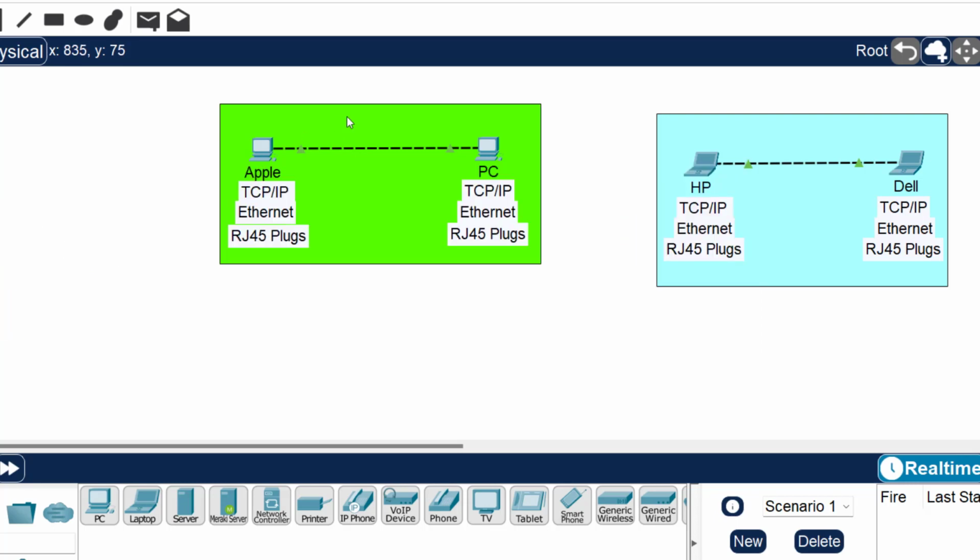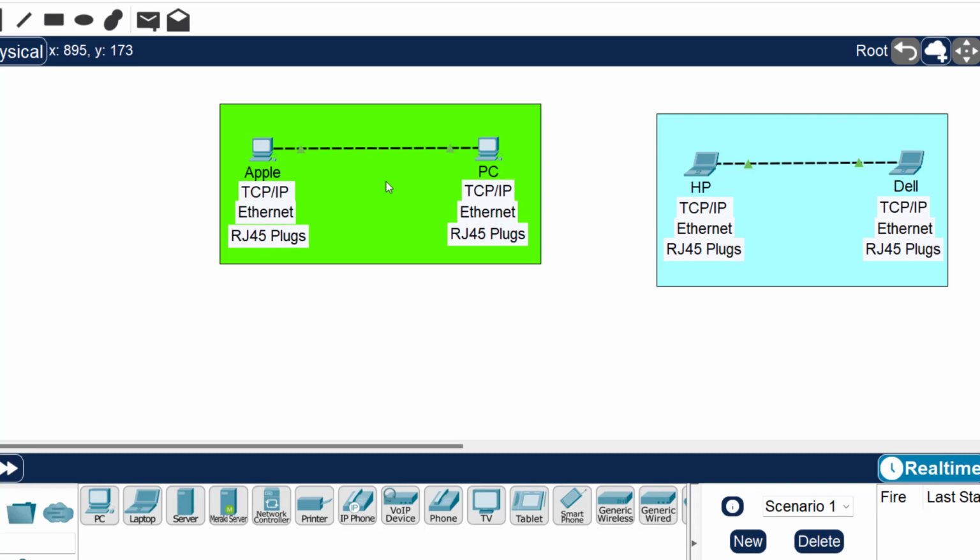In today's world, definitely they can communicate with each other. Why? Because the very fact is that they are following the same protocols. Apple is following the same protocol as any other PC maker out there in the world. So these computers both understand TCP/IP, they both understand the standards of Ethernet, and they both use the same RJ45 plugs to connect to each other.